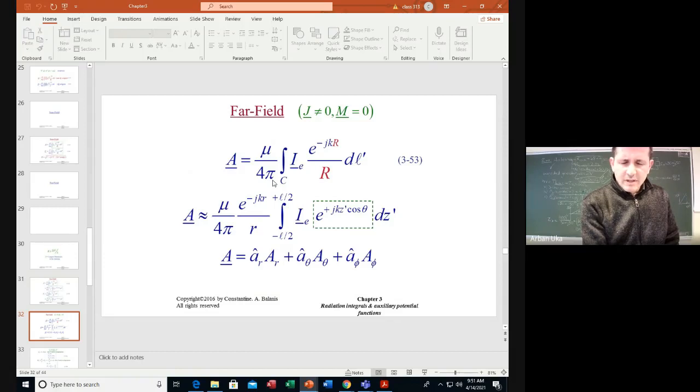Another aspect that we may consider is that in the far field regime, we like to express not only the vector potentials but also the field intensities in terms of the spherical coordinate systems, because, as we are going to see for antennas, we can have two types of power in an antenna. One power that oscillates, which we call reactive power, and one other power which is the radiating power.